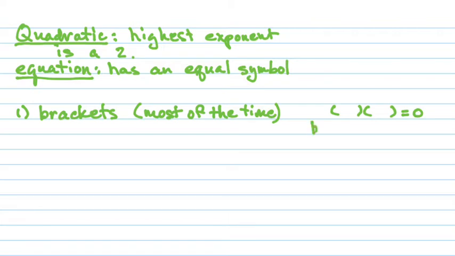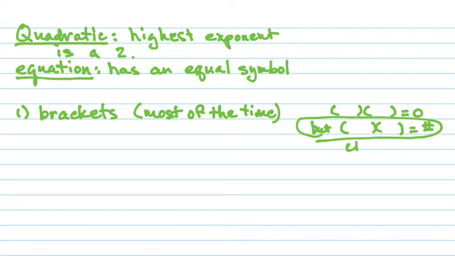But if it's a bracket and another bracket that equals anything other than 0, then you must clear the brackets first. You see the difference? So you know that it's already factored for you because it already equals what number? 0. Good. But if it equals anything else, then you have to clear the brackets. All right.